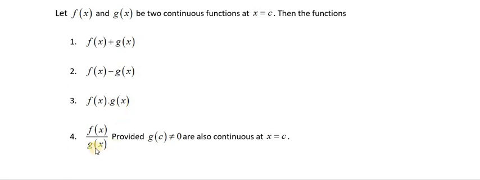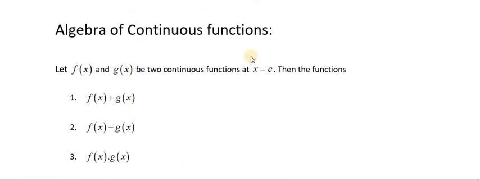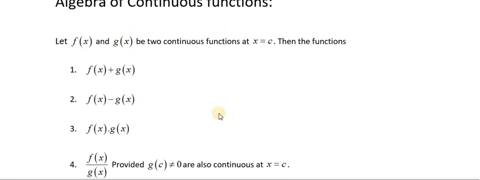In the fourth one, there is one condition, that is g of c not equal to 0. This is the algebra of continuous functions. In simple way, if two functions are continuous, then sum, difference, product, quotient are also continuous functions.